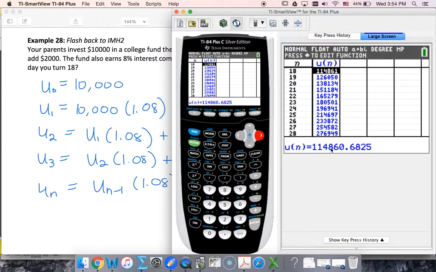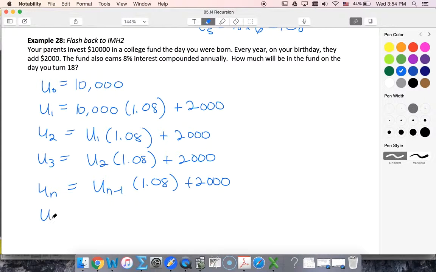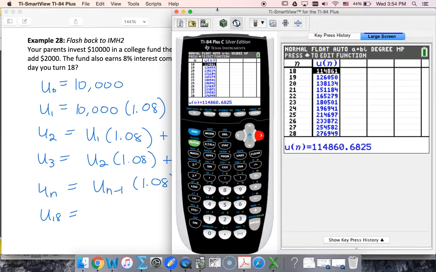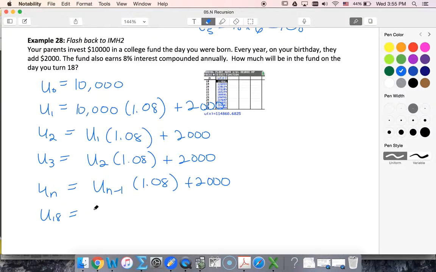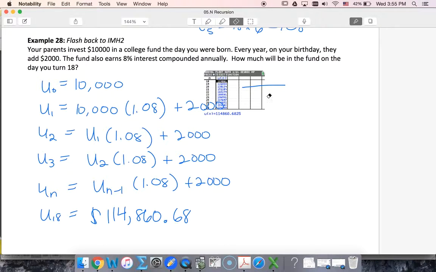When I go over to the right, notice I can see even more. So after 18 years, I will have, let's drag this over, $114,860.68. So this is a really handy way to use my recursion formula.